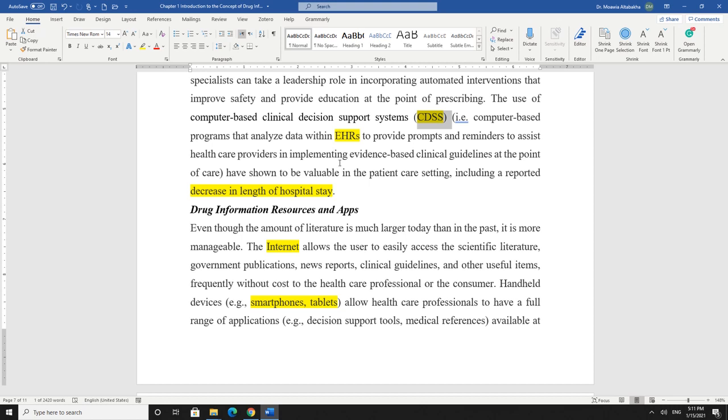So what happens is called alert fatigue: you reach a stage where, because of the many alerts that pop up, the person will just go on clicking close, close, close on any alert without reading what this alert is. So they call it alert fatigue.